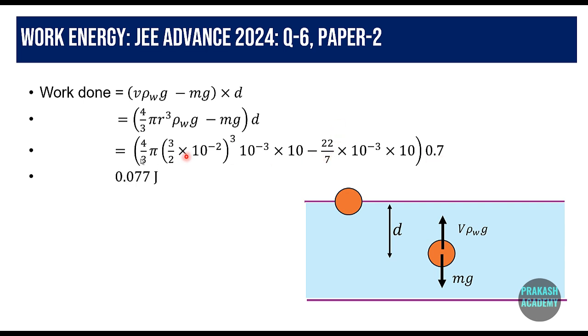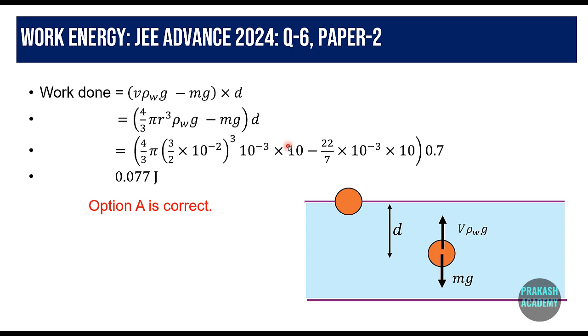So if you calculate this value, the work done in pushing this ball to a depth of d is 0.077 joule, and that was the option. So option A is a correct option.